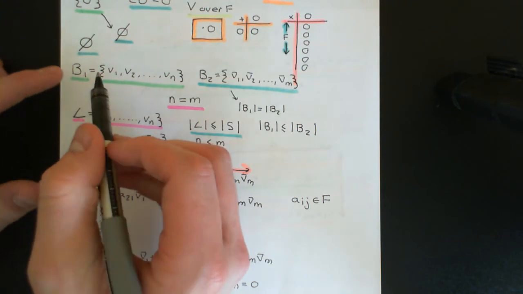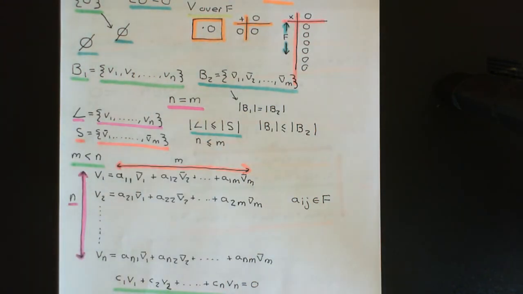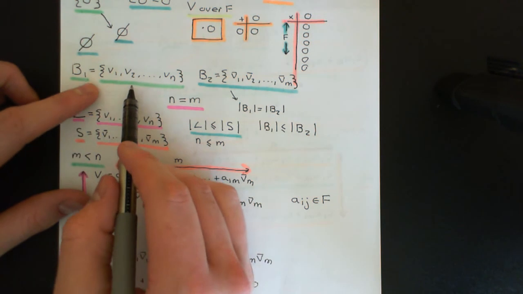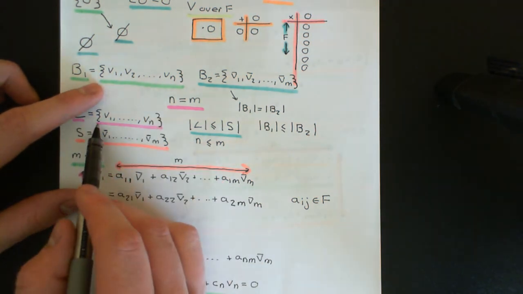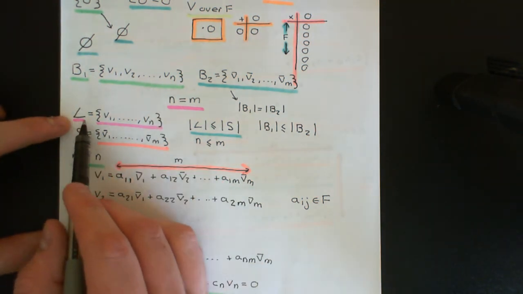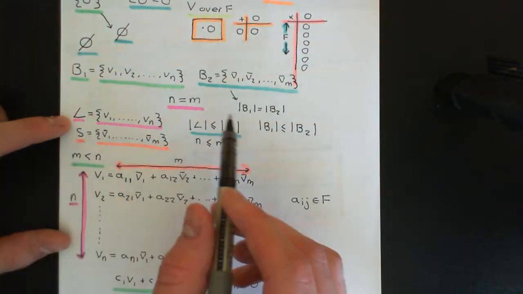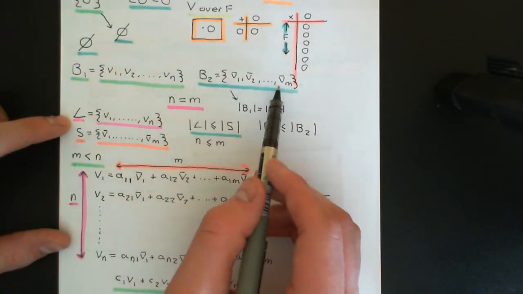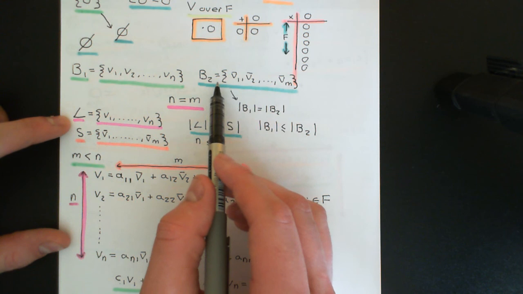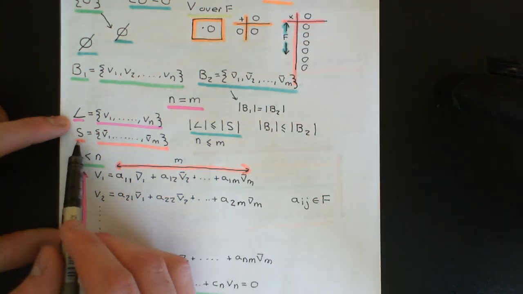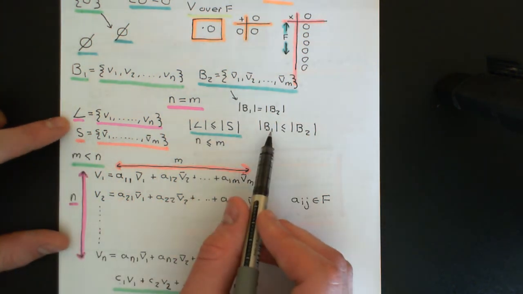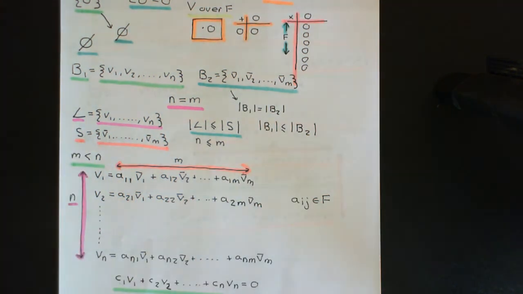A basis, remember, is a set of vectors which spans the entire vector space and which is linearly independent. If B1 is a basis, it's a linearly independent set of vectors, so let it be L in this theorem. If B2 is a basis, then it spans the entire vector space, so let it be S. So we can then say that the order of B1 must be less than or equal to the order of B2.